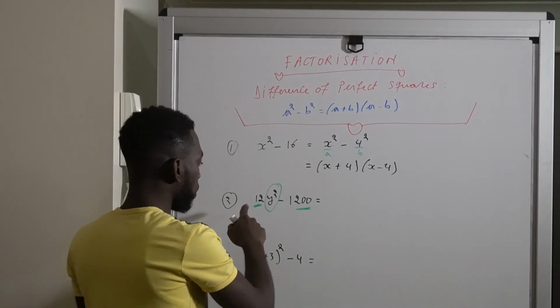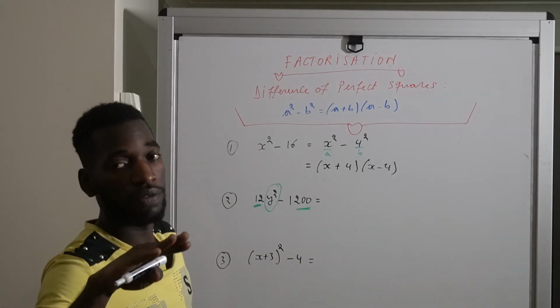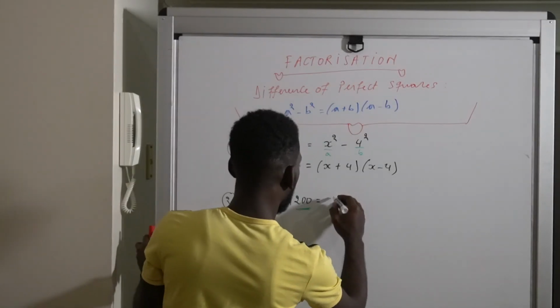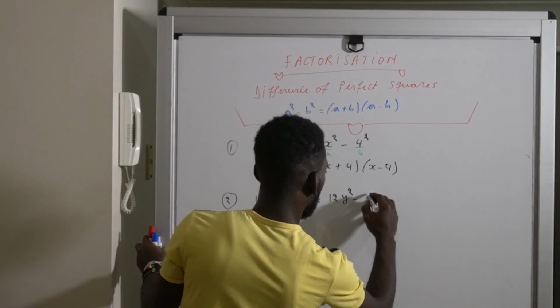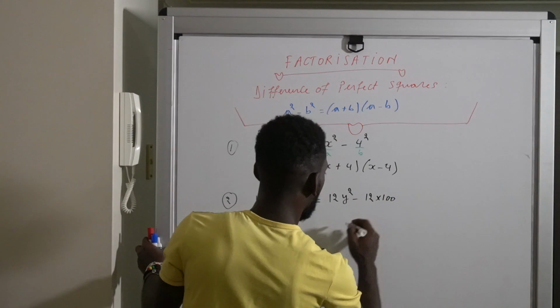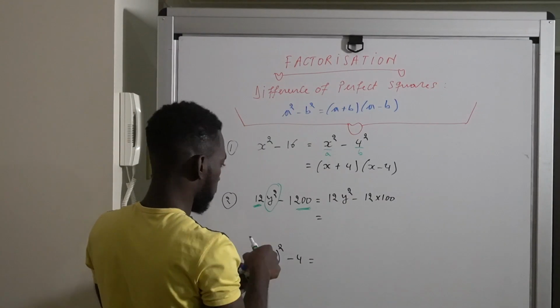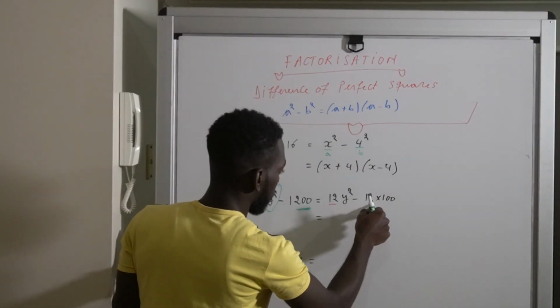What we can do is, remember the first method was looking at our common factors. The first thing to do here is find the common factor. So we have 12y squared minus 1200, which is the same as 12 times 100. And when you do that, you then have the common factor.